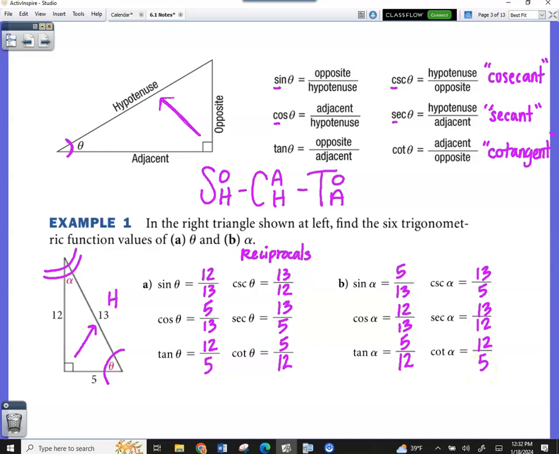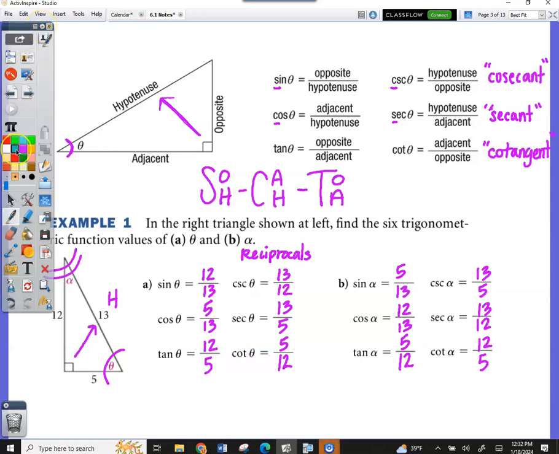Okay, I need to show you something leveled up, I guess you could say. Come down here to this space, and we'll change colors. I want you to write, let's work with cosecant theta.